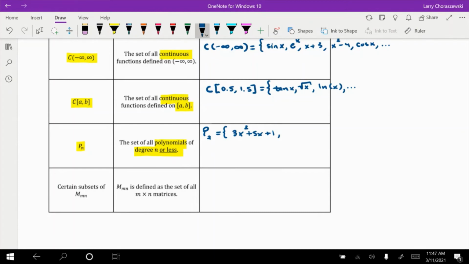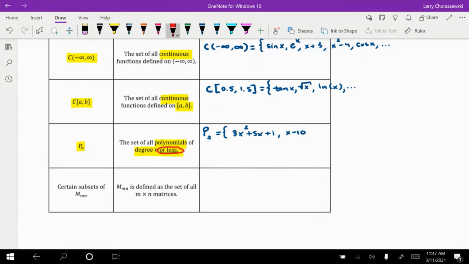Is it possible to have a function in here or a polynomial in here that would be something like x minus 10? Could a polynomial like this belong in the set P sub 2? Yep, definitely. Keywords here, degree n or less.